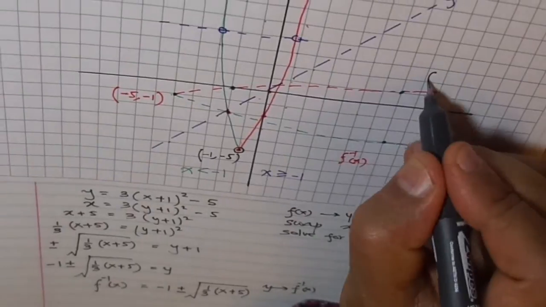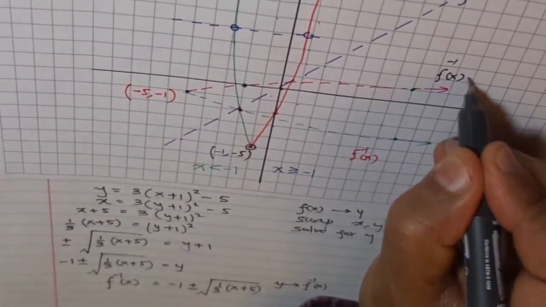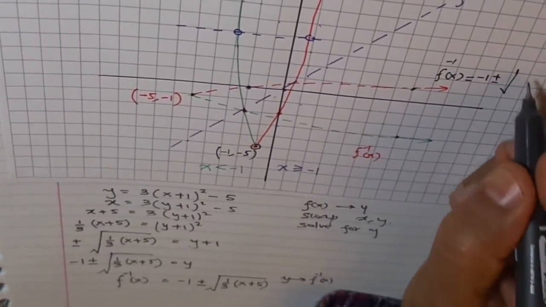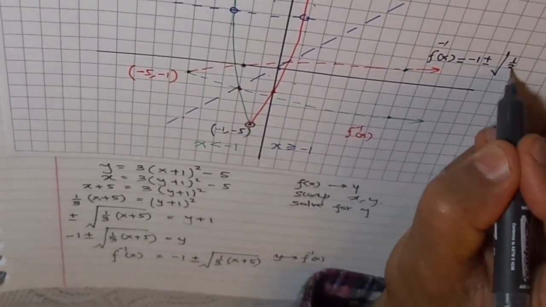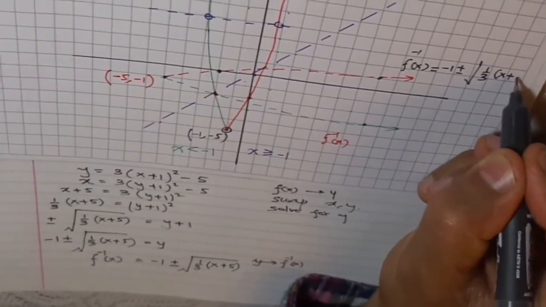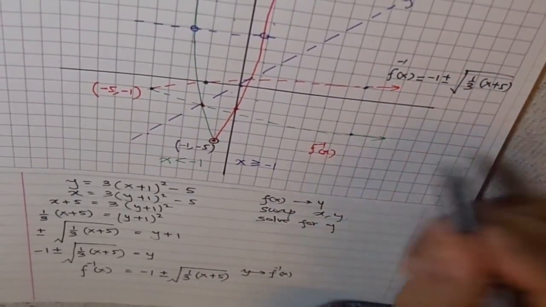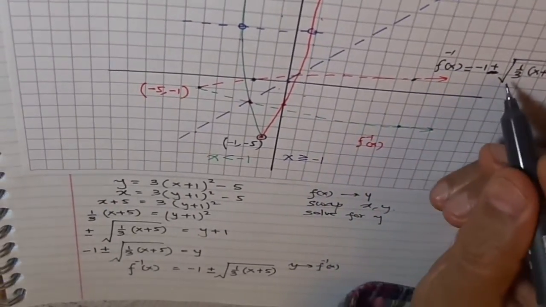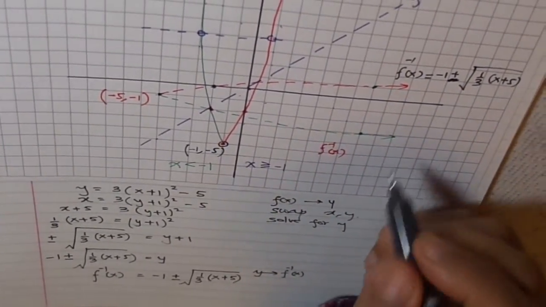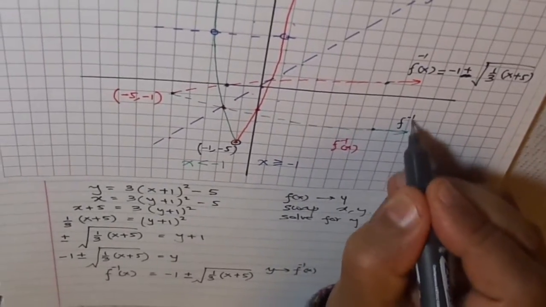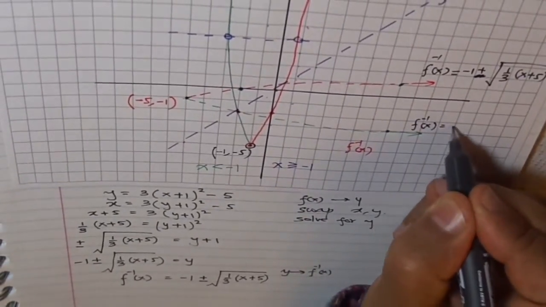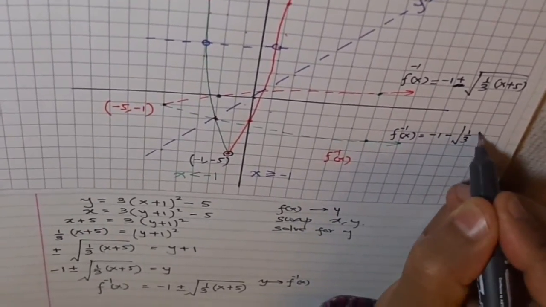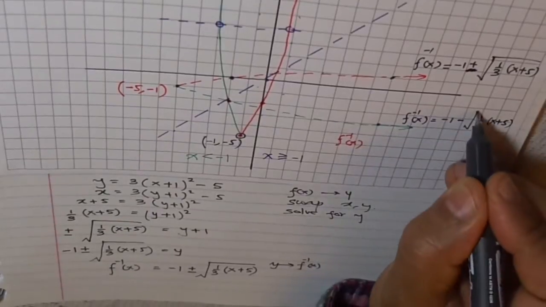So I could write this as f inverse of x equals minus 1 plus square root of 1/3 (x plus 5). Because we are considering only the top part, we will use plus here, and we will write negative for the other: f inverse of x equals minus 1 minus square root of 1/3 (x plus 5). You see that?